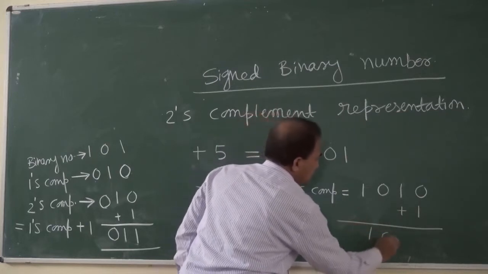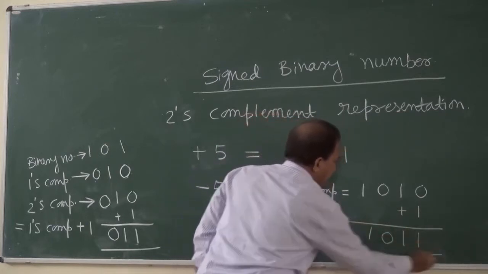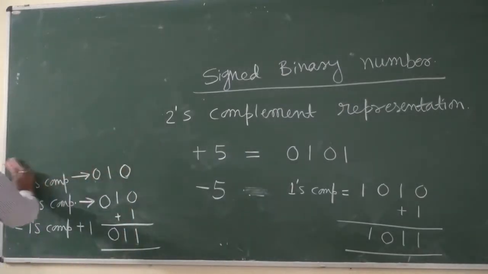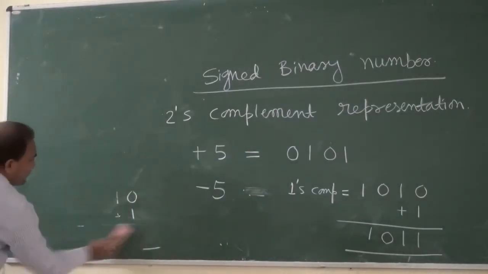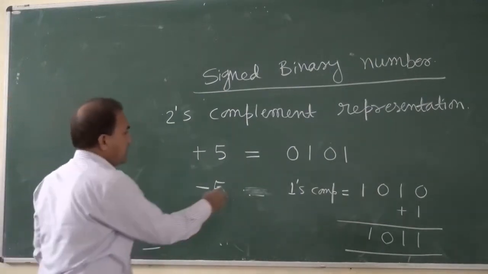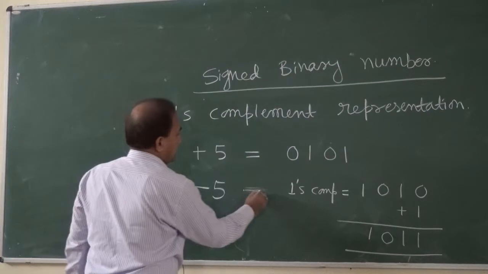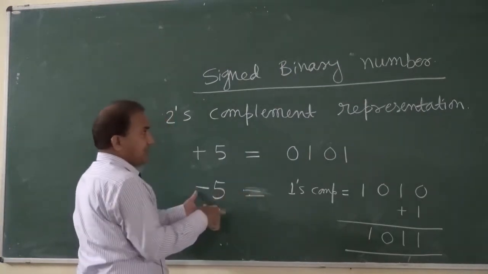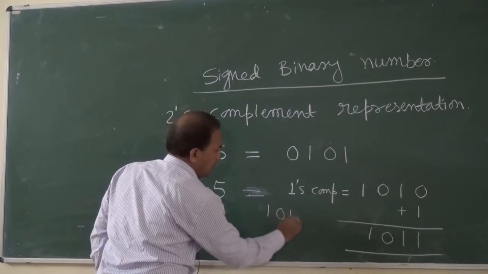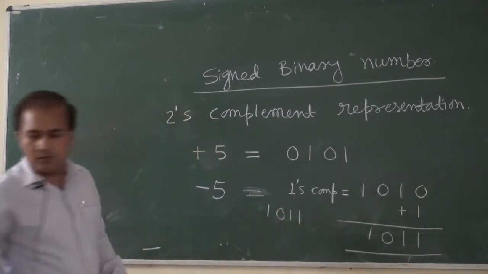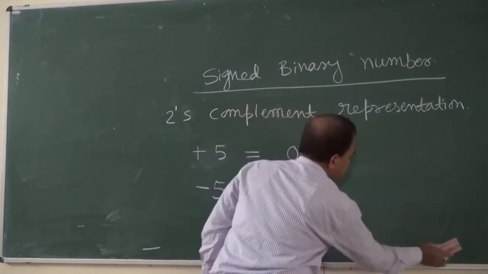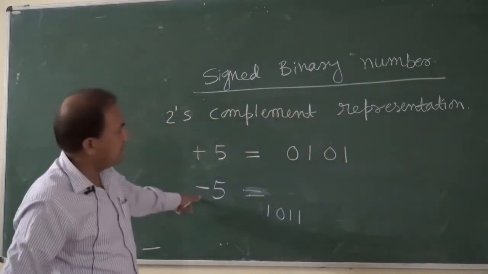So it is 1 0 1 1. So you can represent minus 5 in 2's complement as 1 0 1 1. So this is the 2's complement of minus 5.